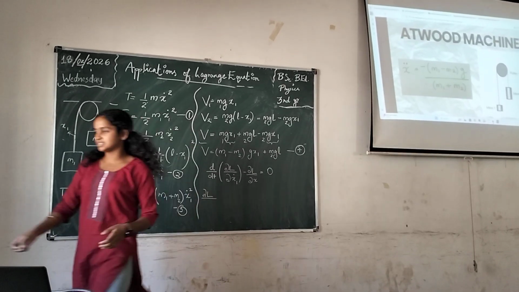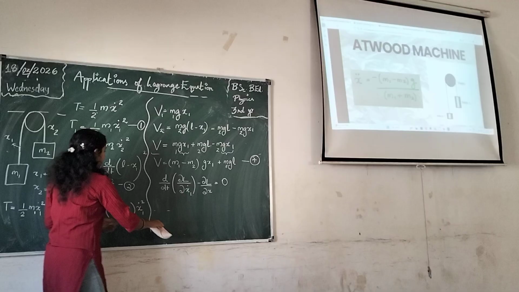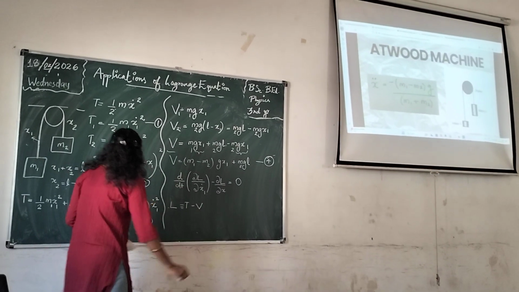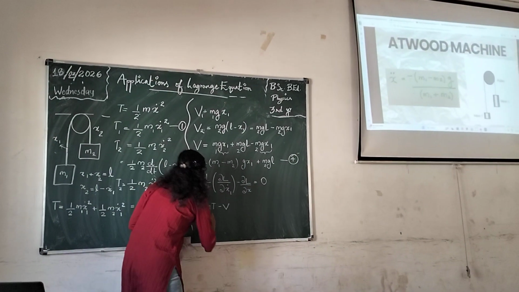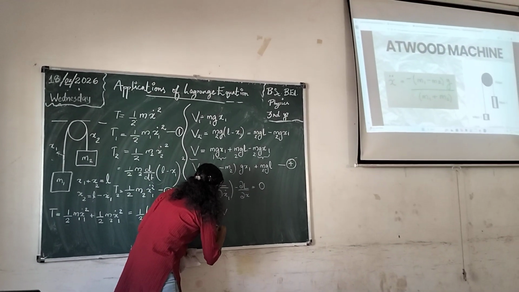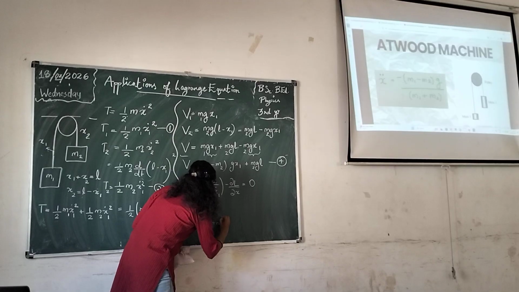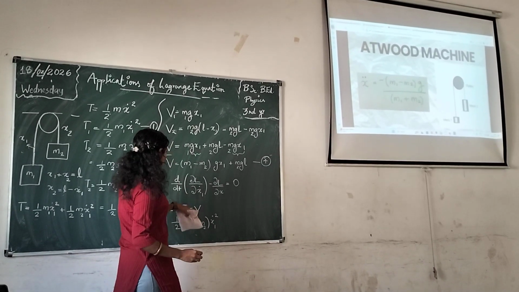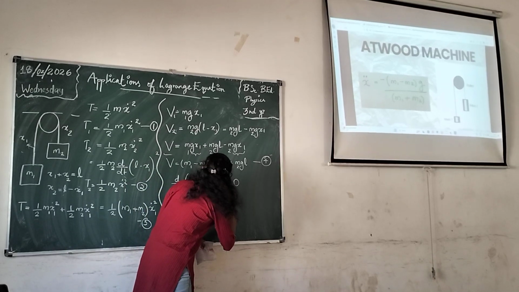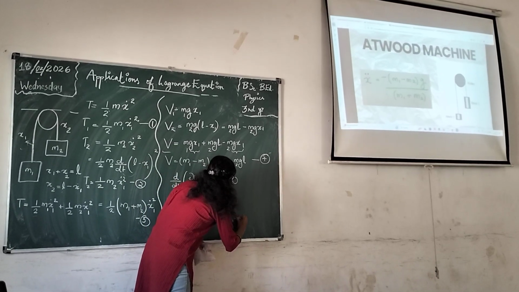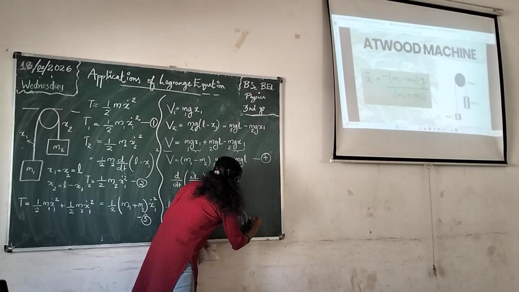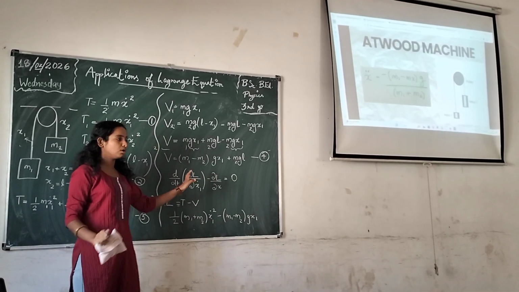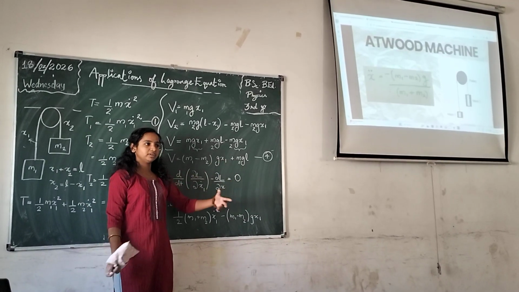So first we are going to find dou L by dou x. Before that I will write L together. L is equal to T minus V. Our T is half (m1 plus m2) x1 dot square, then minus (m1 minus m2) g x1. Here, the term m2 gL has no variable part, so we are neglecting that.